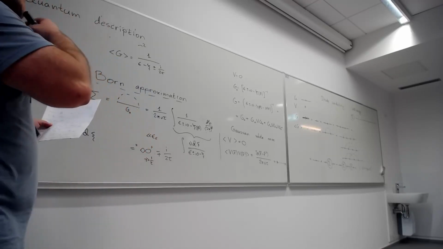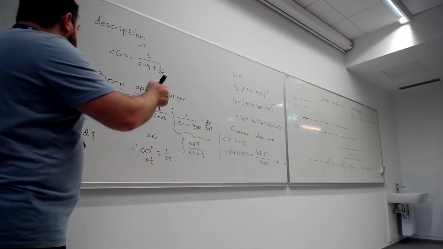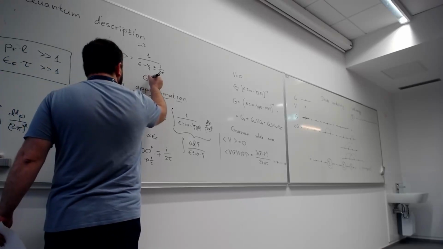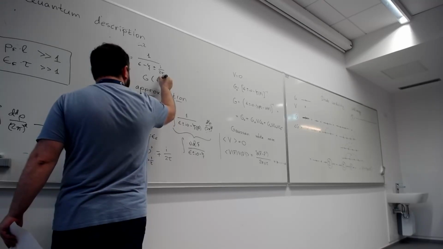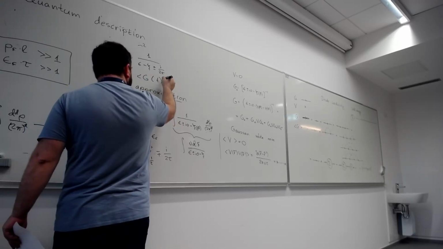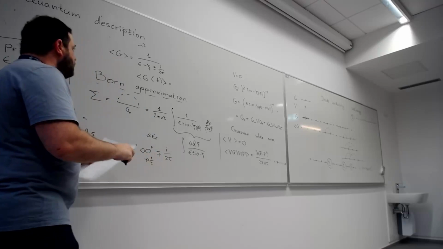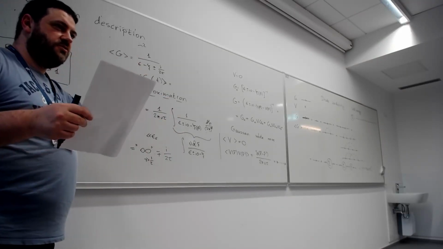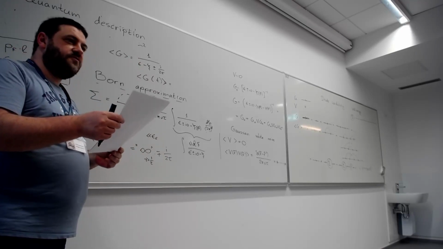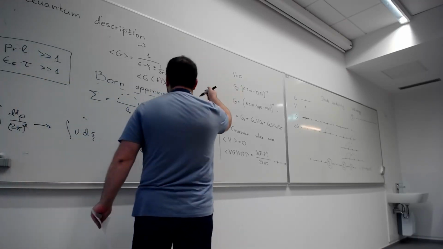So the question, what do we know about this Green function as a function of time? This average Green function, how does it depend on time? We have this dependent on energy. To get time dependence, we should do the Fourier transform as we did with the diffusion propagator before.